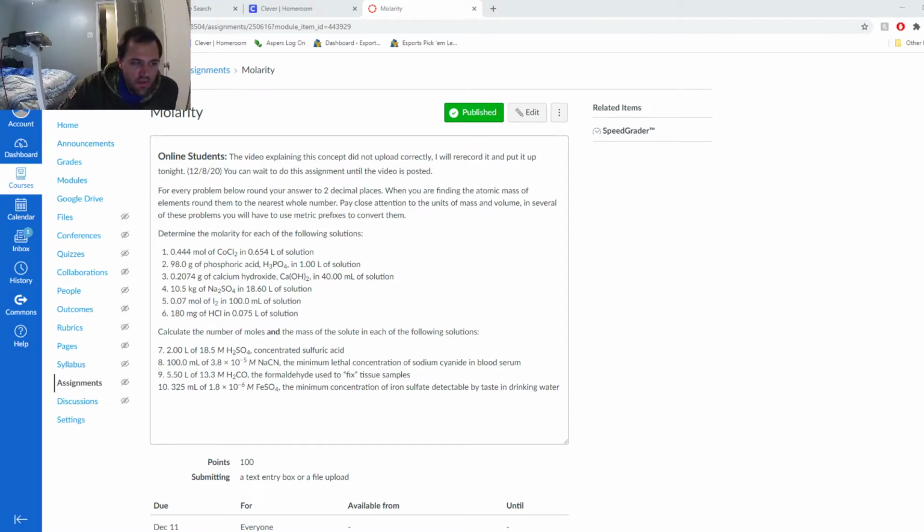So a question like this is about as simple as they're going to get, right? It's asking you to find molarity, which is in units of moles per liter, and it's giving you moles and liters. So in order to find it, all you've got to do is divide. You say moles over liters.